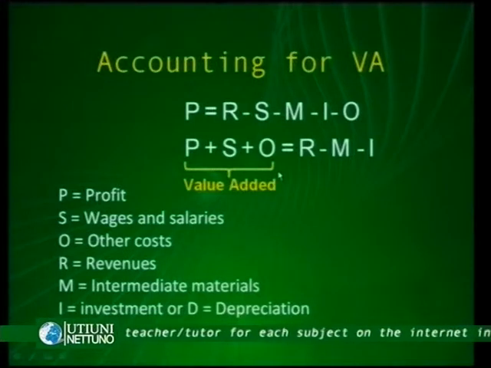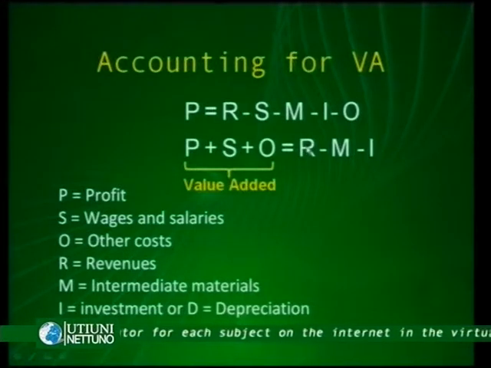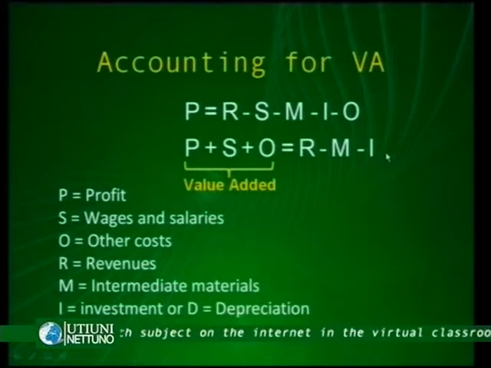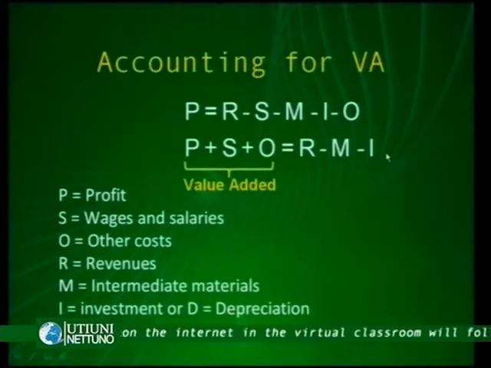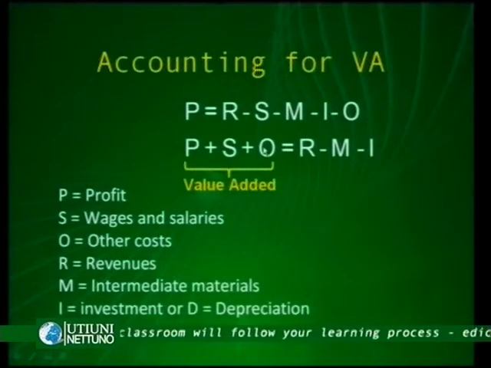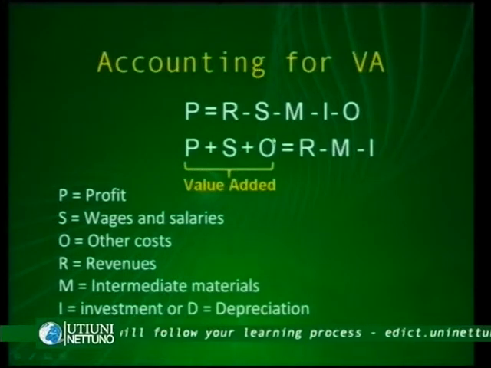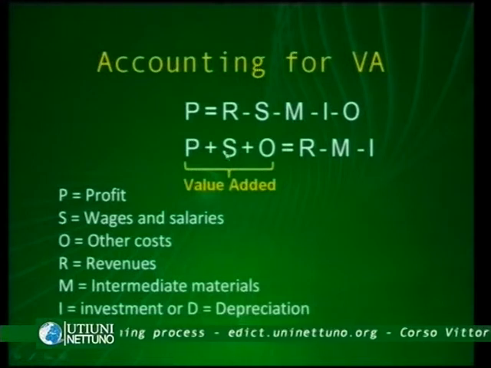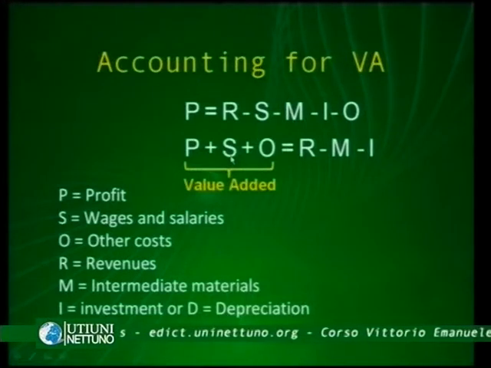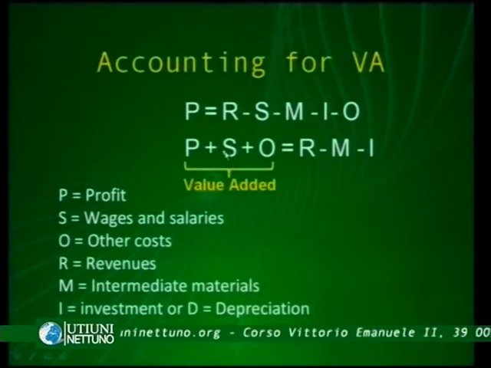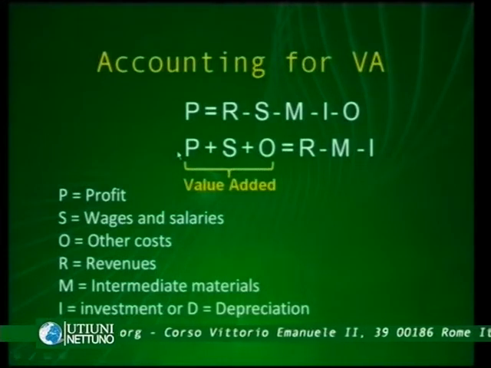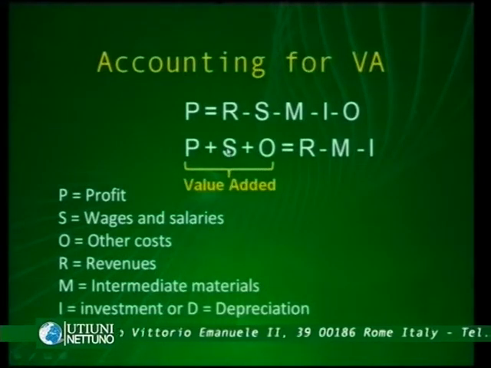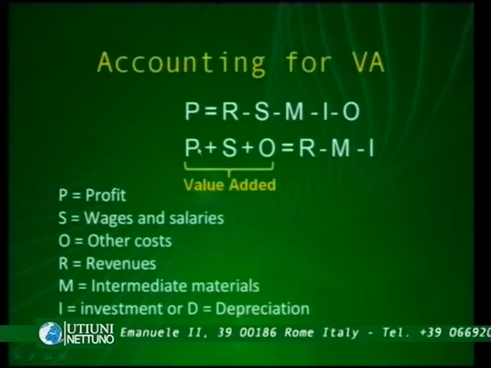And on the other side of the equation, you have revenues minus intermediate materials minus investment, or depreciation if we adopt a static view of the value added. So the sum of the three variables on the left represents what you define as value added. So we have the wages and salaries, that is the first component, and then the sum of profits and other costs represents the social surplus.